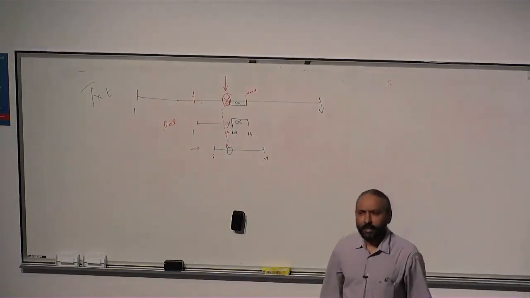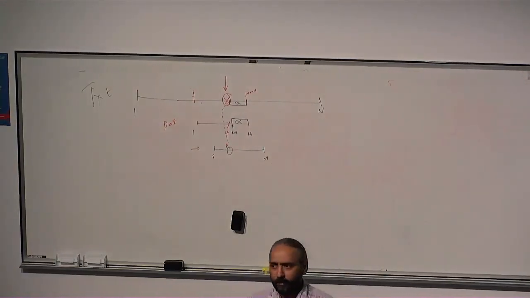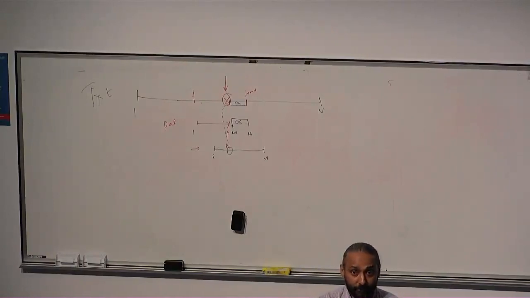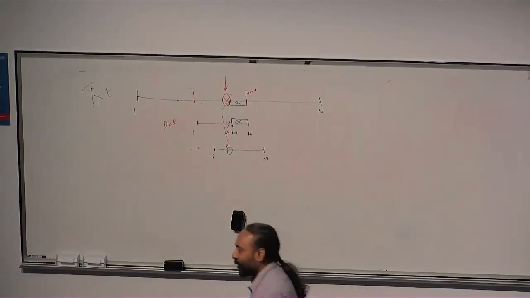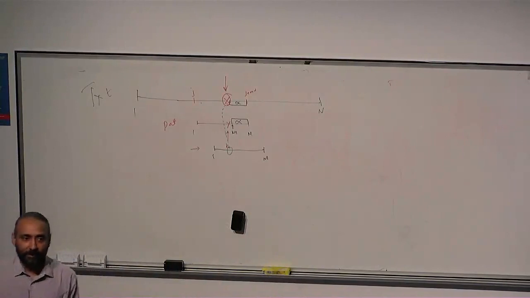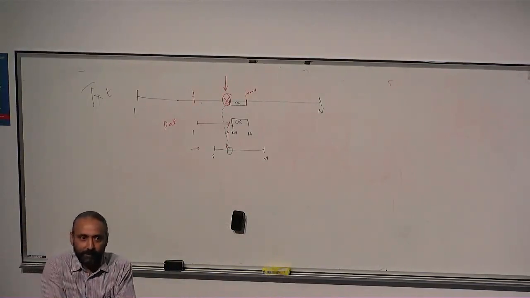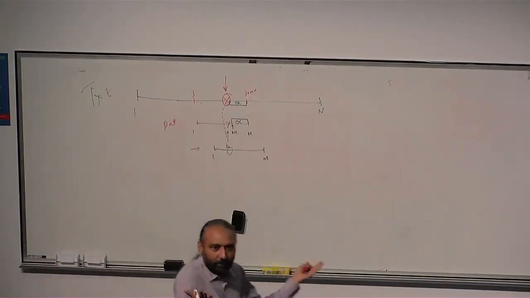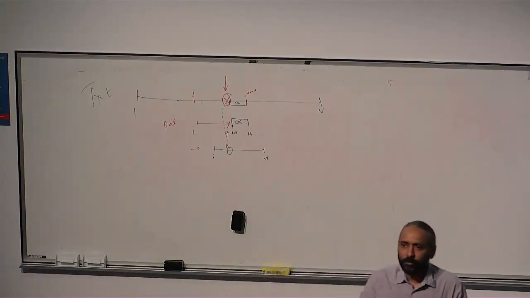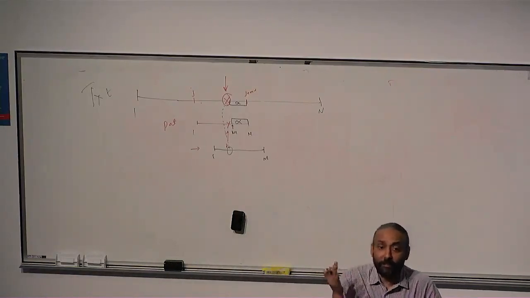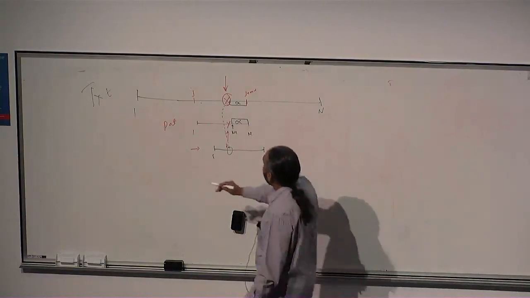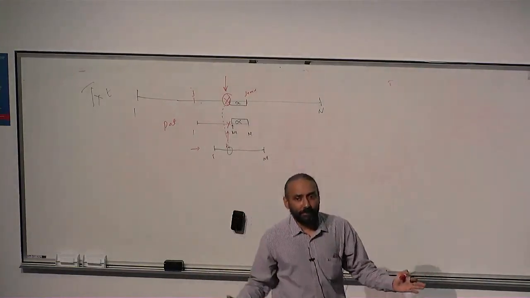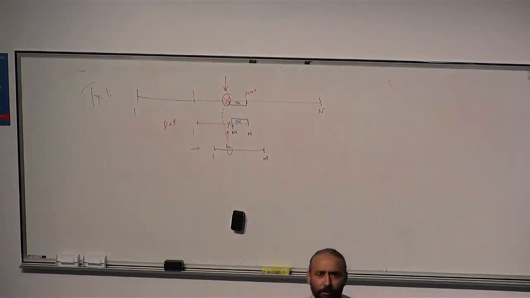Where are the other X's in the pattern? Now, what are the scenarios? Scenarios is there are no X's in the pattern, because it's a specific character in a string, and you have drawn two strings, one's a text, one's a pattern, so X need not exist. So if there are no X's in the pattern, what would you do? You just shift across. Across what? Across the point of the current mismatch.